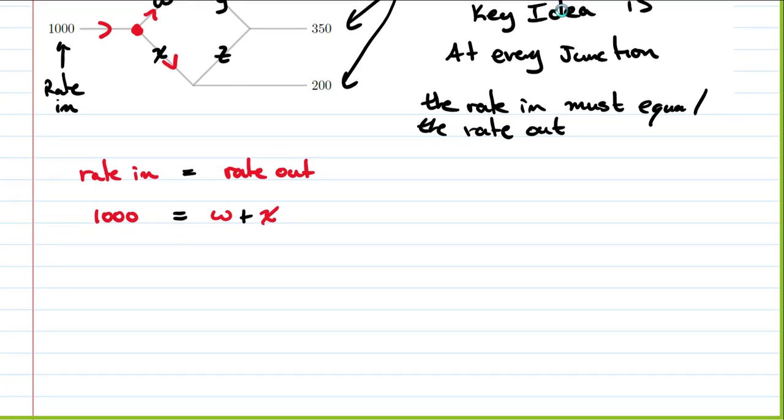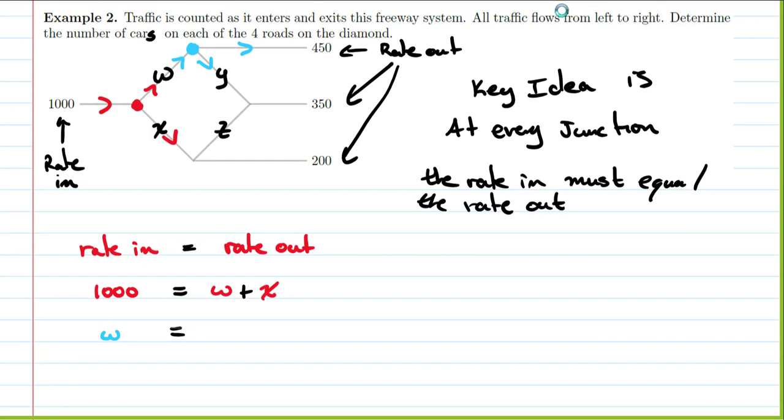W. That's my rate in, has to equal my rate out. Well, what's coming out of that intersection? Well, 450 plus y.